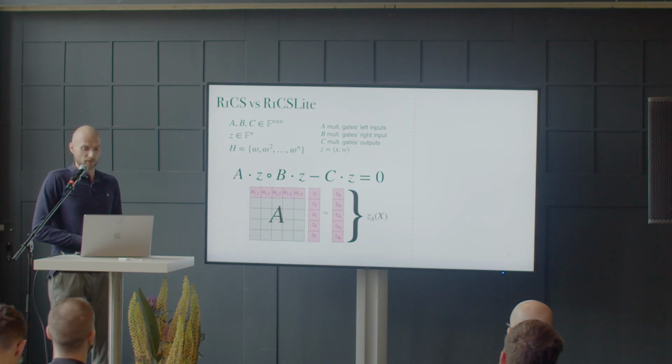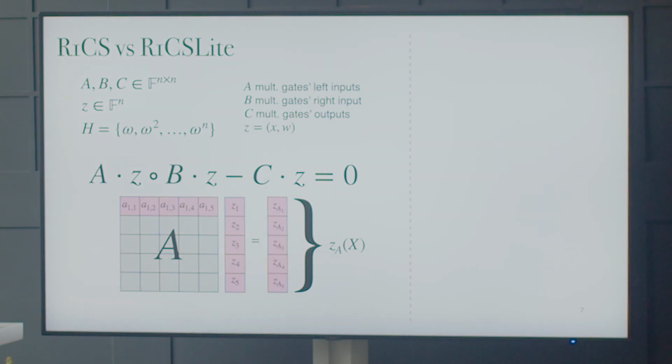So we also have vectors ZA, ZB, ZC, which are the products A times Z, B times Z, C times Z. Eventually, what we send in this proof are 4 vectors: vector Z along with ZA, ZB, ZC.